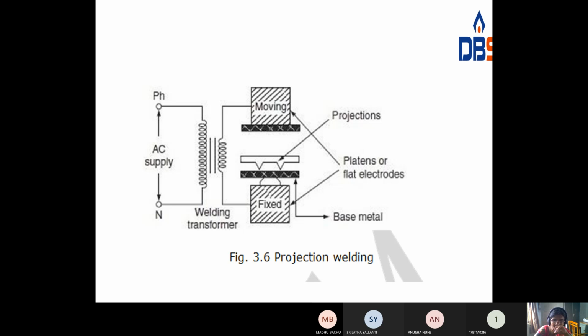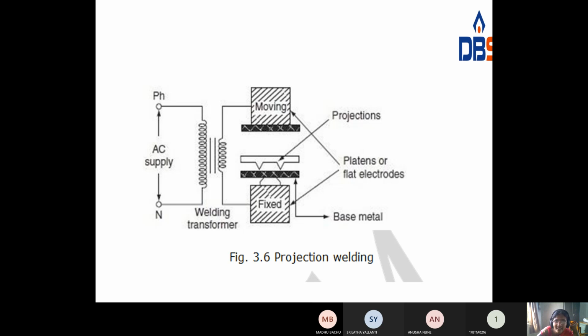This is the construction of projection welding. Like the previous one, here also you give the supply. This is a fixed electrode and this one is a movable electrode. You use the first base metal, and you form the weld using the projection, that is, the other base metal will be projected.